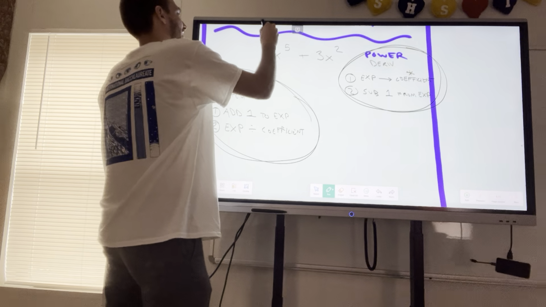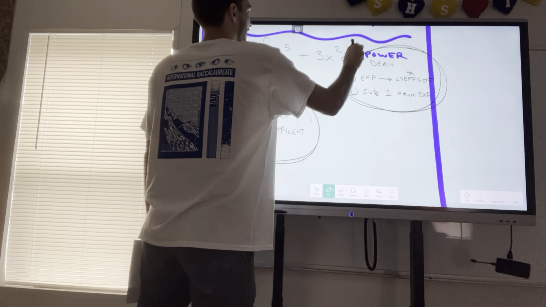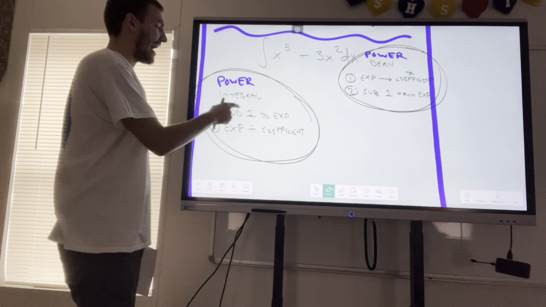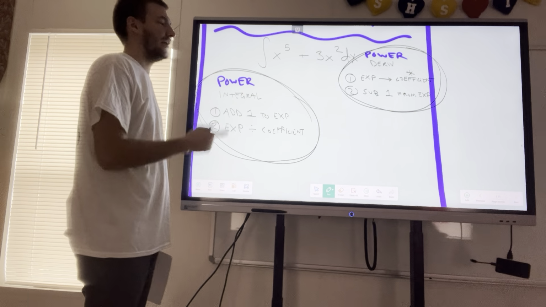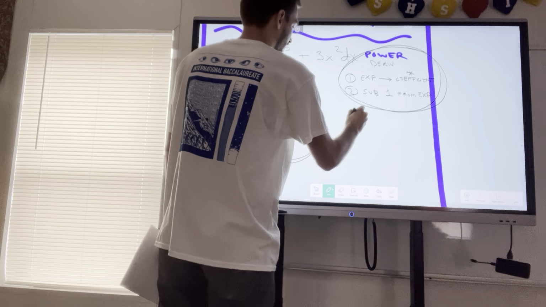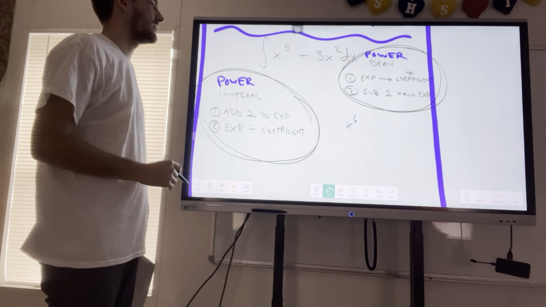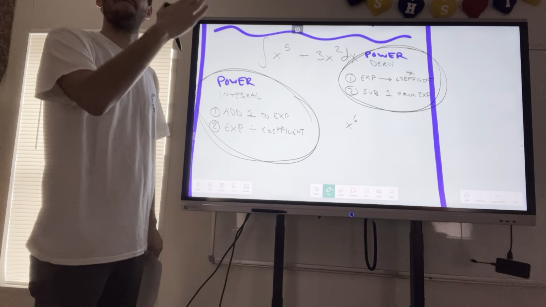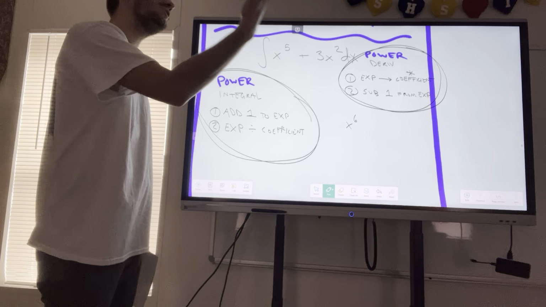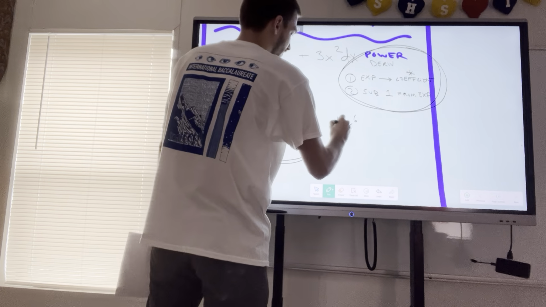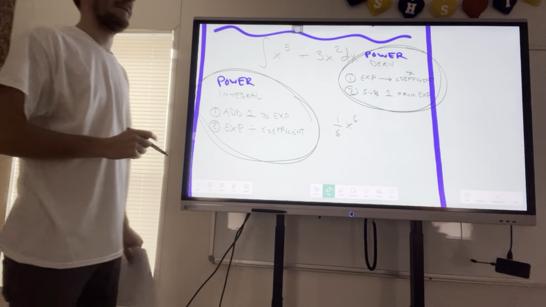Okay, I want to take the integral of this, and the way that should look is I need to add 1 to the exponent. It's going to go from 5 up to a 6. And then that 6 is still going to go in front, but it's going to be divided instead of multiplied. So it's going to look something like that.